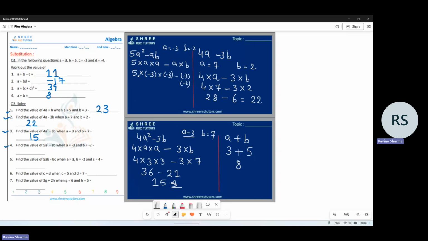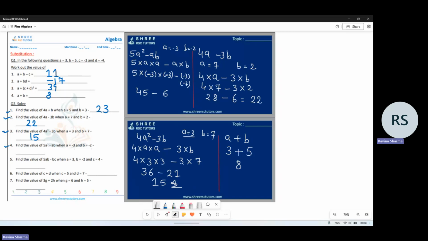Let's simplify them. 5 multiplied with 3 is 15, and 15 multiplied by 3 is going to be 45. Now you can see the two negative signs here. Negative, negative becomes positive, so that's going to be positive 45. We don't have to mention the positive sign. Here, 3 multiplied by 2 is going to be 6.